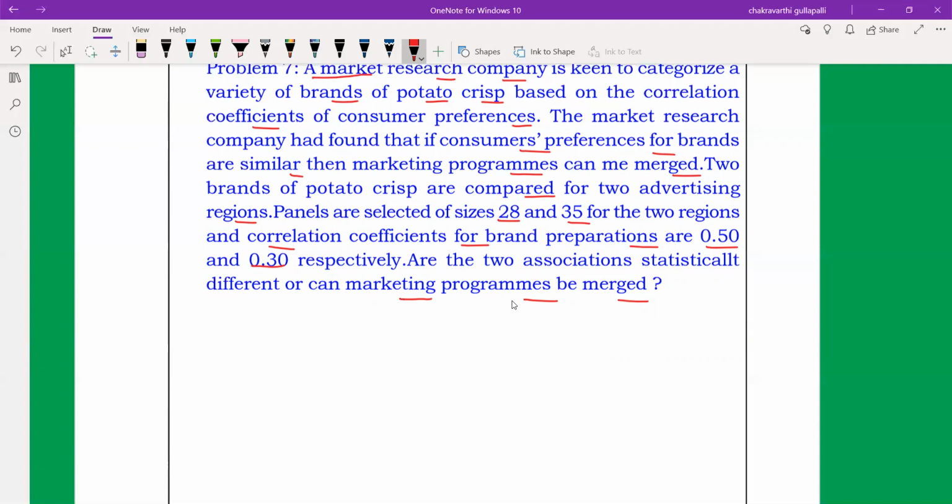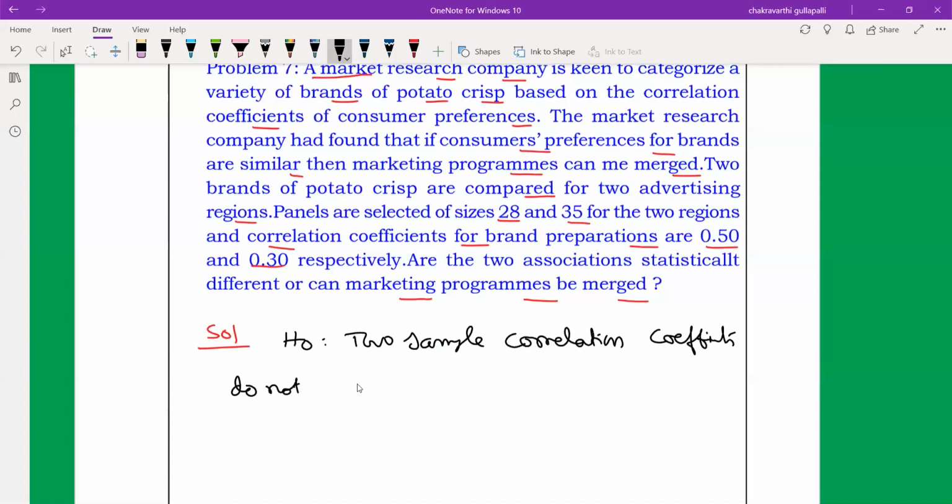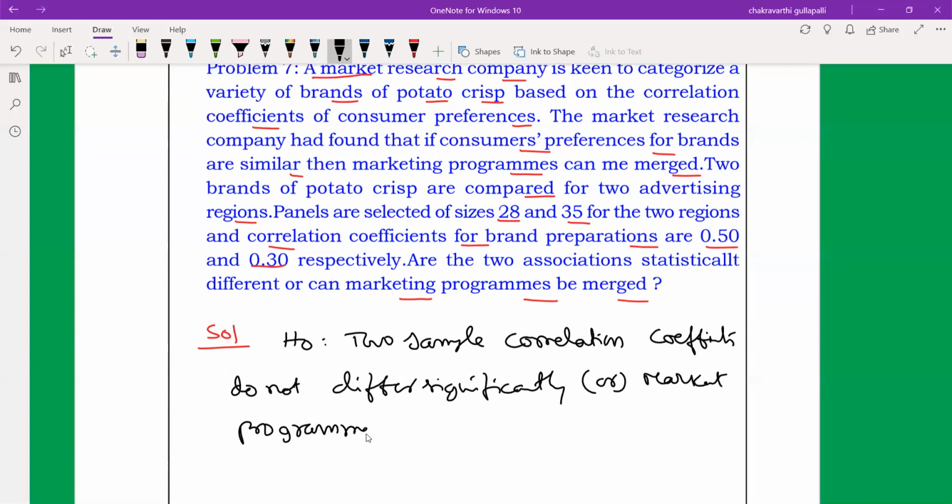First, set up the null hypothesis: the two sample correlation coefficients do not differ significantly, or marketing programs can be merged.